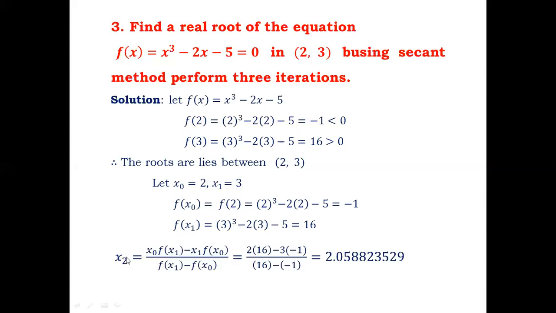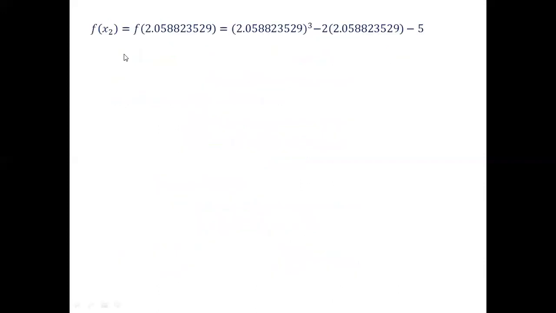Then find x2. x2 is equal to x naught into f of x1 minus x1 into f of x naught, by f of x1 minus f of x naught, equal to 2 into 16 minus 3 into minus 1, divided by 16 minus of minus 1. Simplification gives 2.058823529.